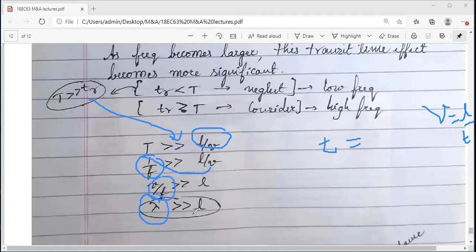So your wavelength is much greater compared to the length of the line. This condition indirectly says wavelength is far greater than the length of the line. So remember, transit time effect for low frequencies we ignore, but for higher frequencies we need to consider it.